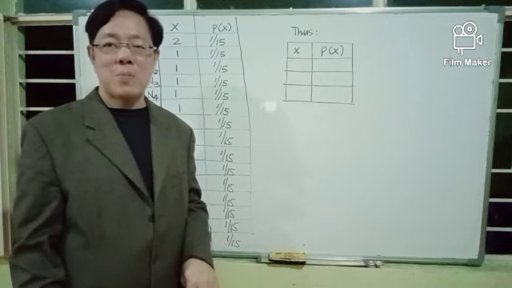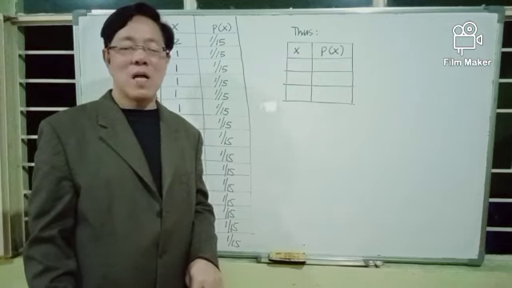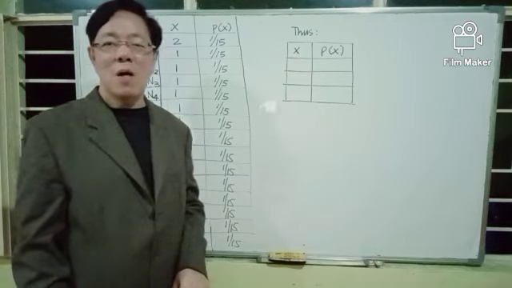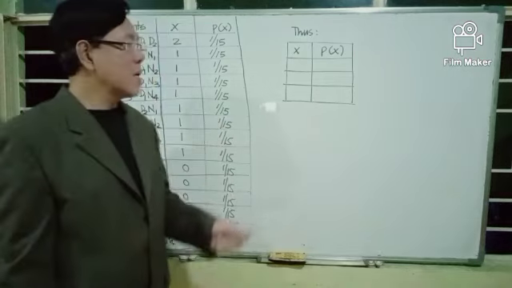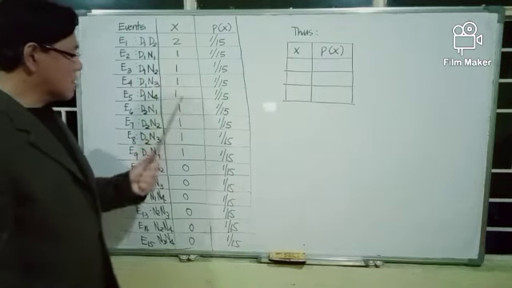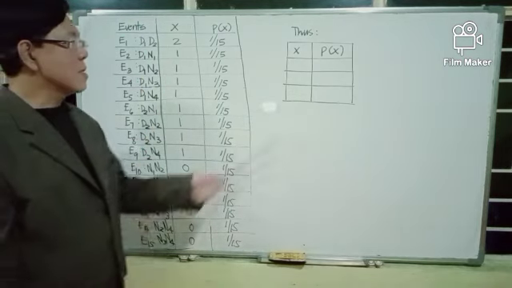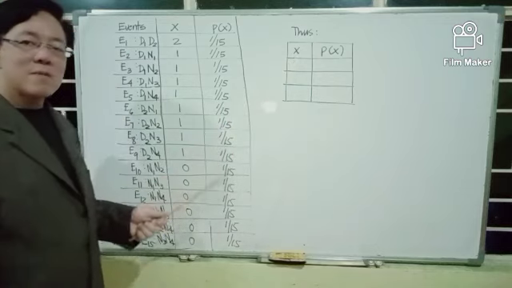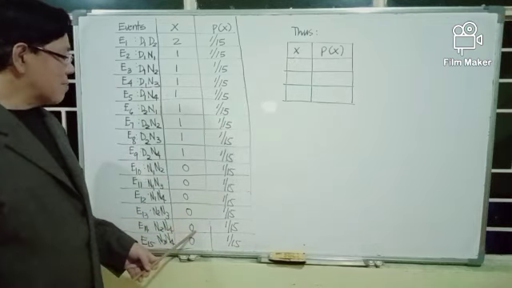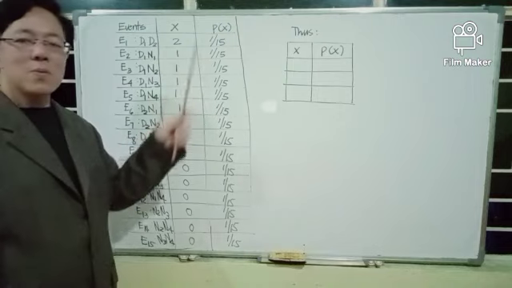And these two appliances were randomly selected by the customer from 6 small appliances, 2 of which are defective. And you can see from this table that the values of the discrete random variable x are 3. X can be 0, 1, or 2.